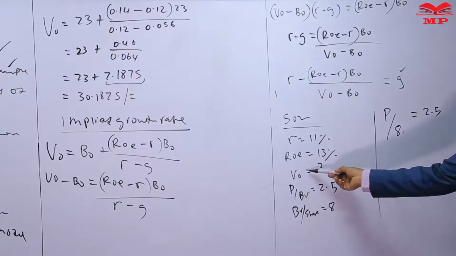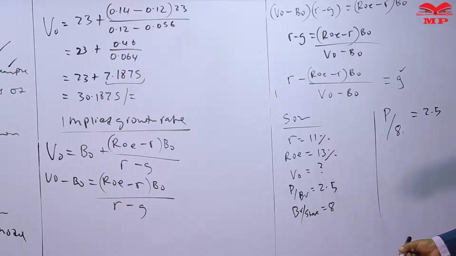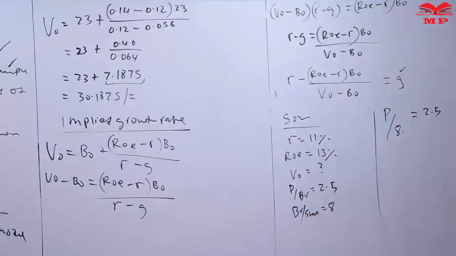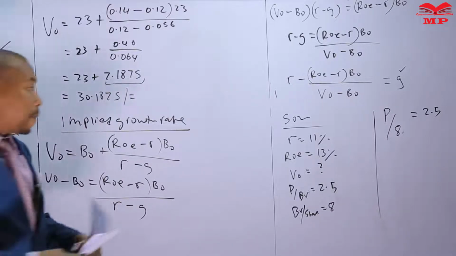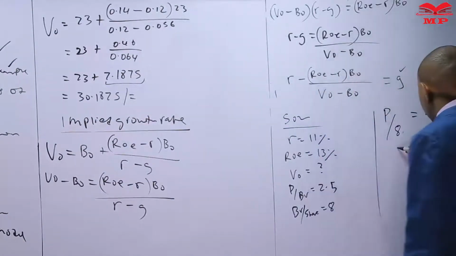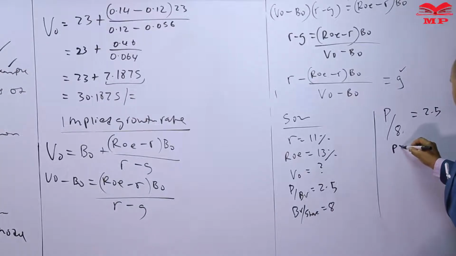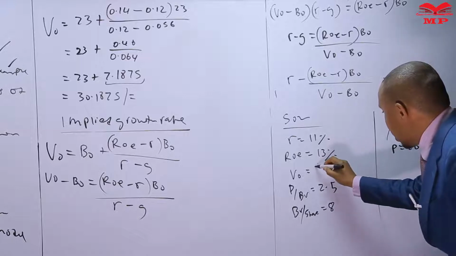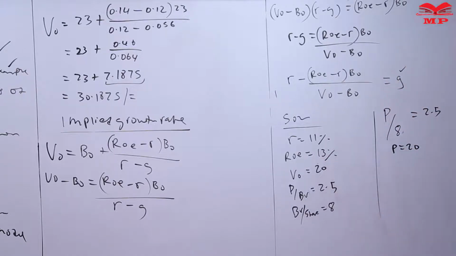And that is what we'll slot in as the value there. So let's just do that. 8 multiplied by 2.5, and we have 20. So P is equal to 20. You can slot in over there. We remove that question mark and put 20 here, because we already know the value of the share.